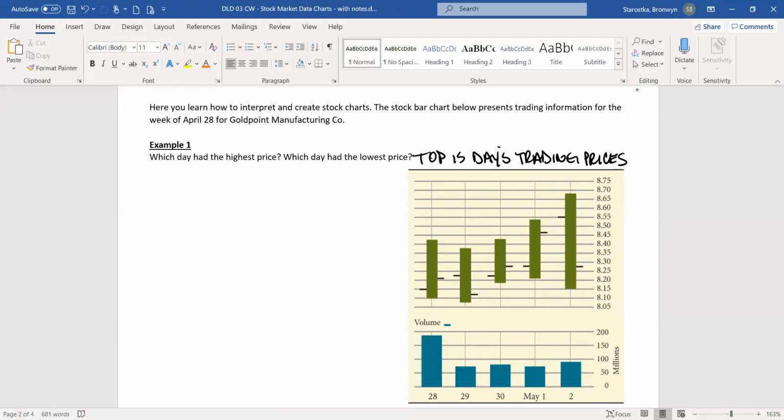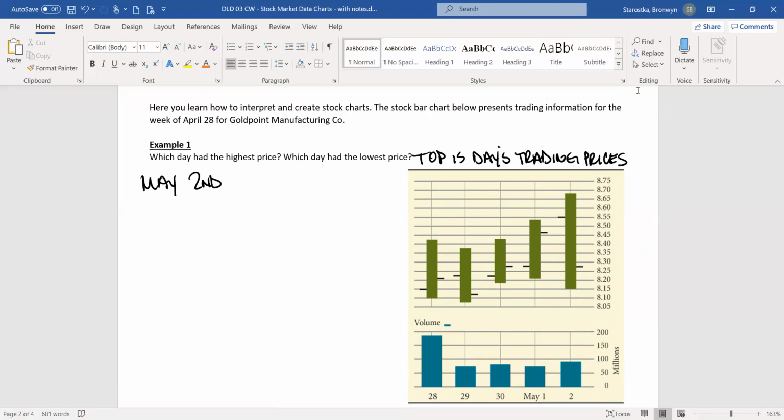The top of each bar is the day's high price. And so you can see May 2nd had the highest price. So looking at the blue bars again, which day was the lowest?